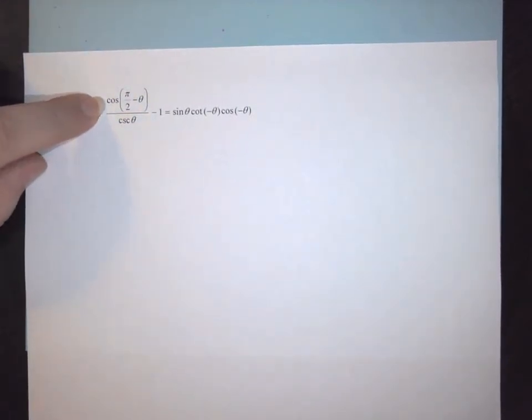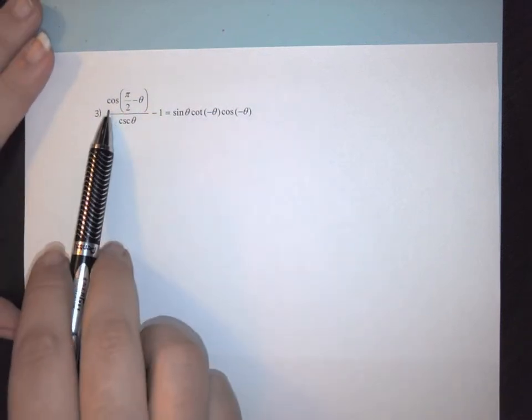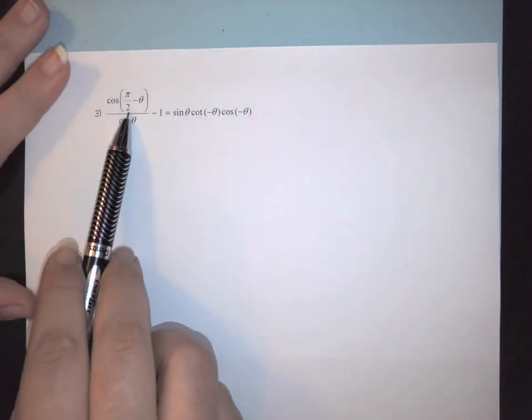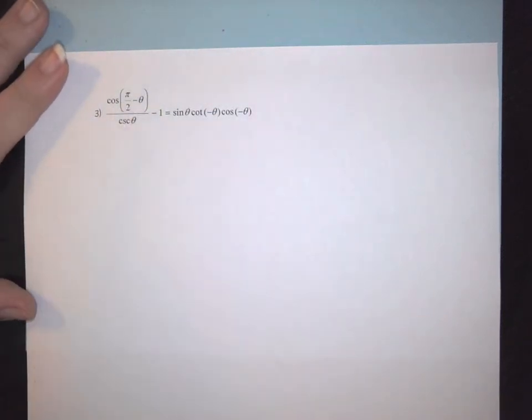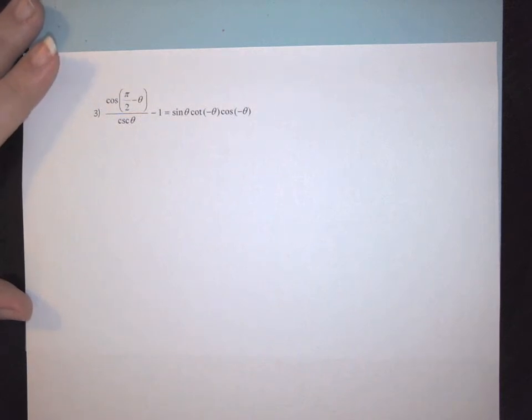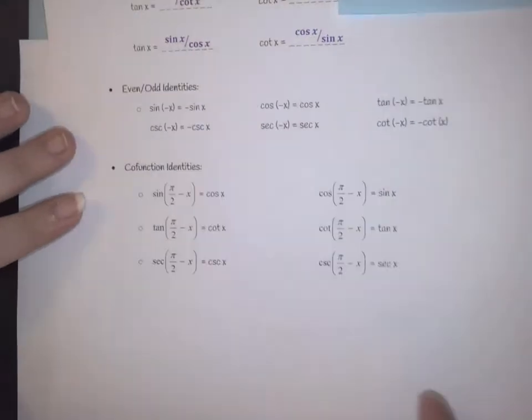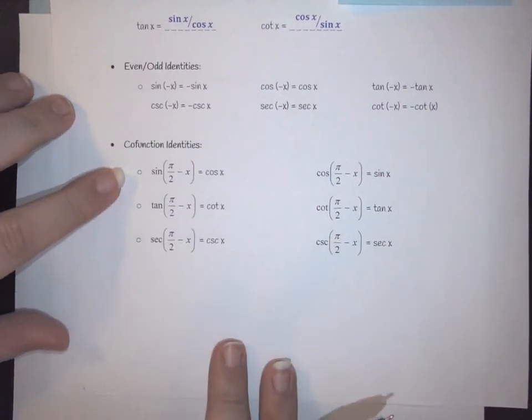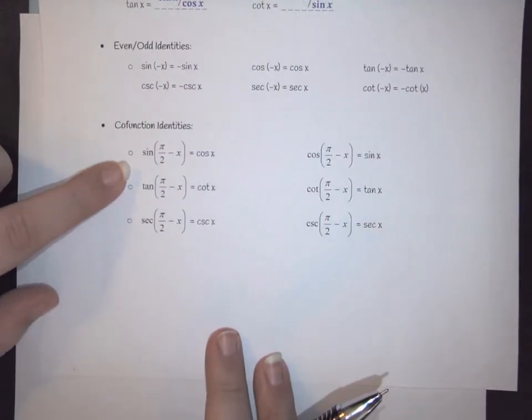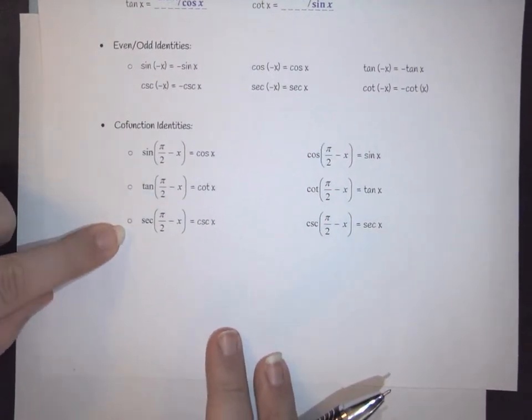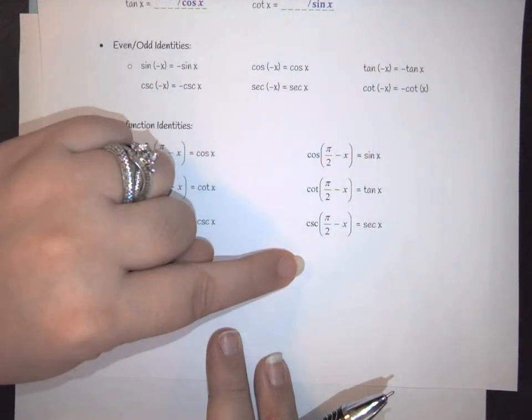All right, I got one more for you here because this one is going to use a cofunction identity. Okay, so here I have the cofunction of pi over 2 minus theta. Now that is a cofunction identity. So here we've got cofunction identities, and each one of these identities reduces down to a specific term.